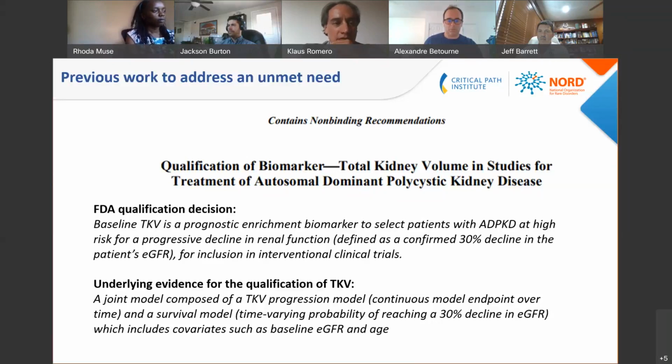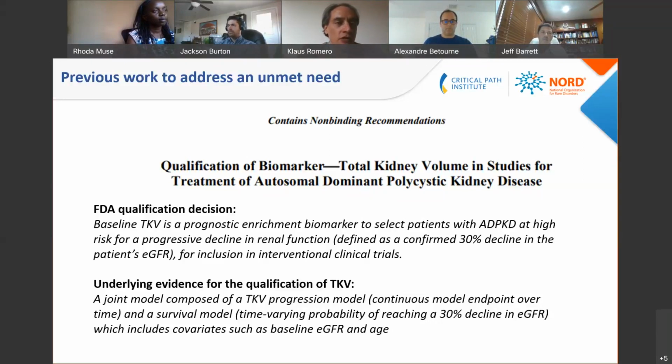Right, and I want to elaborate on that question because that's a really good one that speaks to the importance of harmonizing the data. The volumetric estimations came from different techniques, and so as Rhoda indicated, it's not just a matter of taking the volume at face value and running the model with it.